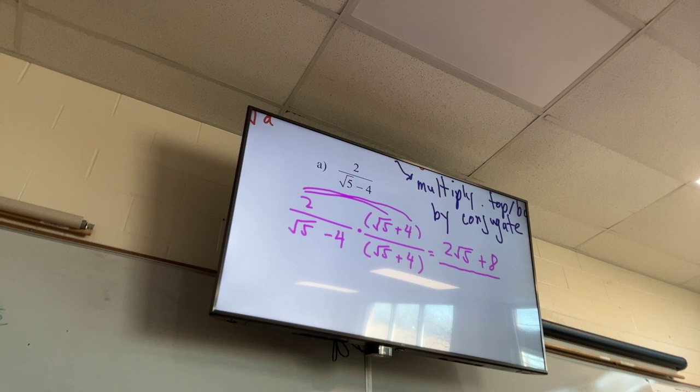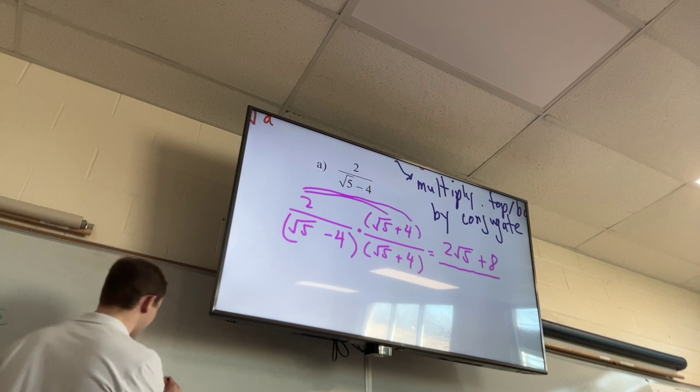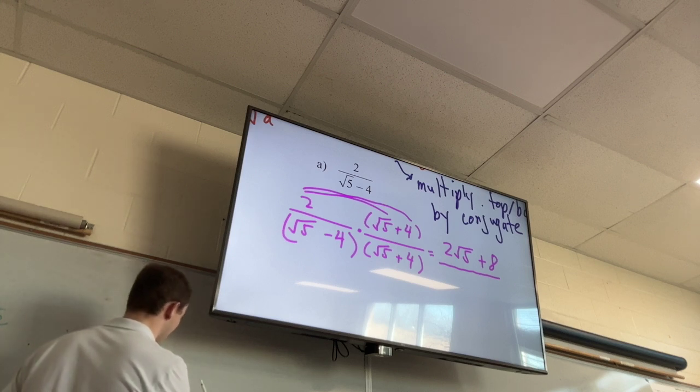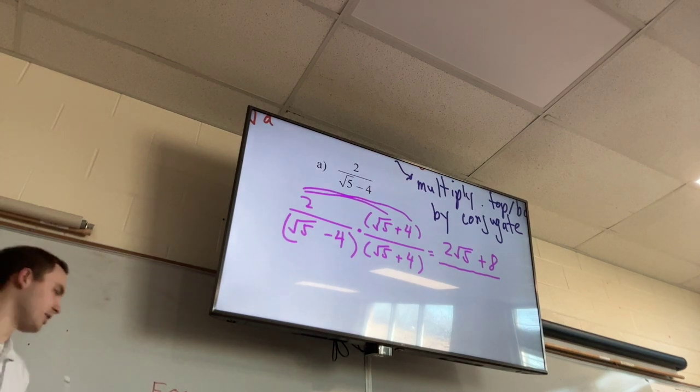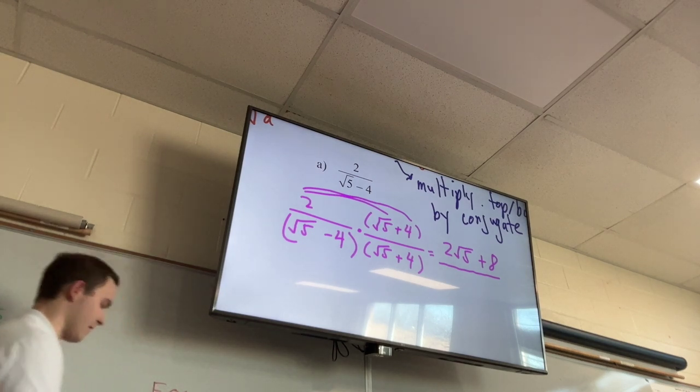On the bottom, I'm going to FOIL. I will say, when you multiply something by its conjugate, the outer and inner products are always going to cancel. So you kind of just do Florida.